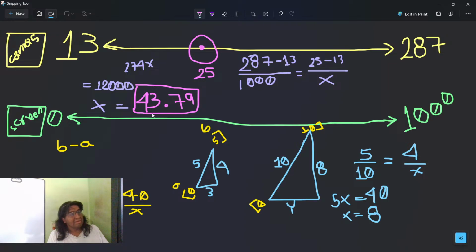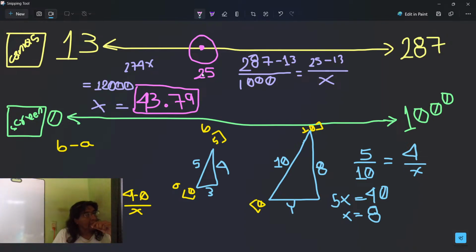How can we test? Maybe 100, 13. This we will test with the endpoints.